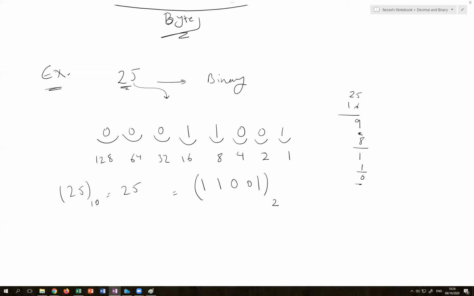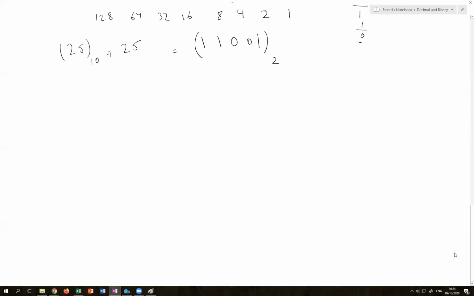Another example: if I have a number and I want to convert it back to decimal. If I have another number, for example 1010 in base 2, I want to convert it to decimal. How to do that? As I told you earlier, here is the place for 1, here is the place for 2, 2 to the power 1, 2 to the power 2 is 4, and 2 to the power 3 is 8.